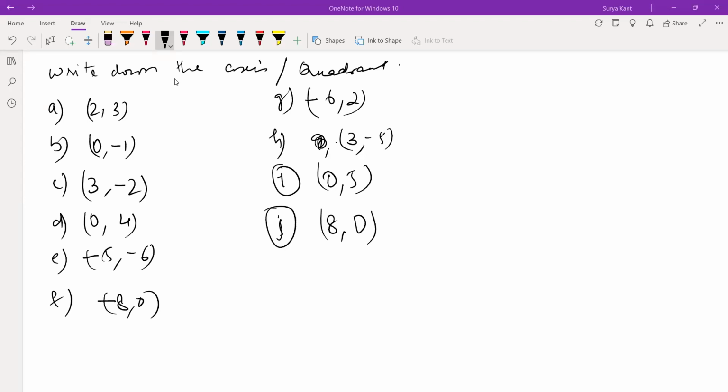Sir, I don't have a graph book, sir. If you don't have a graph book, roughly make the X and Y axes with 1, 2, 3 as I mentioned over here. Okay, sir. Same thing, you do and send me.